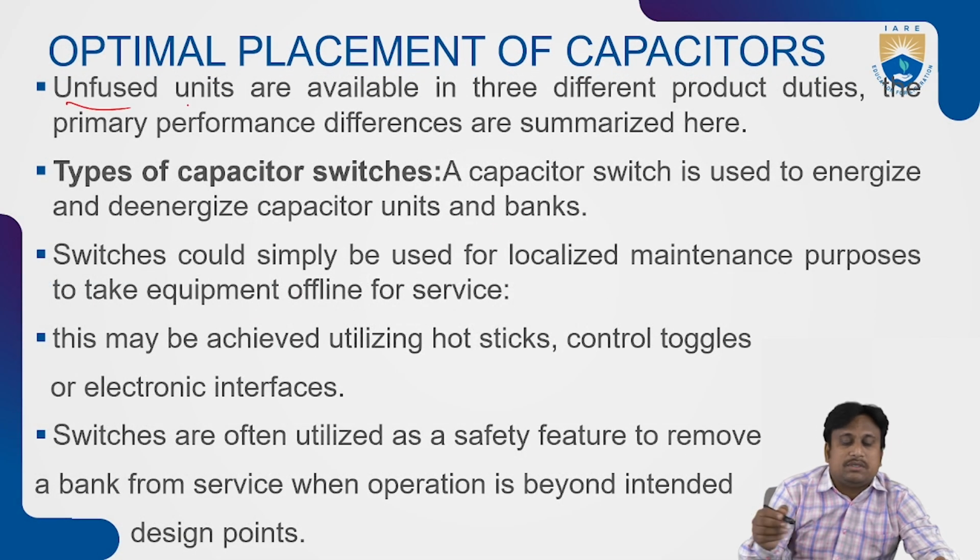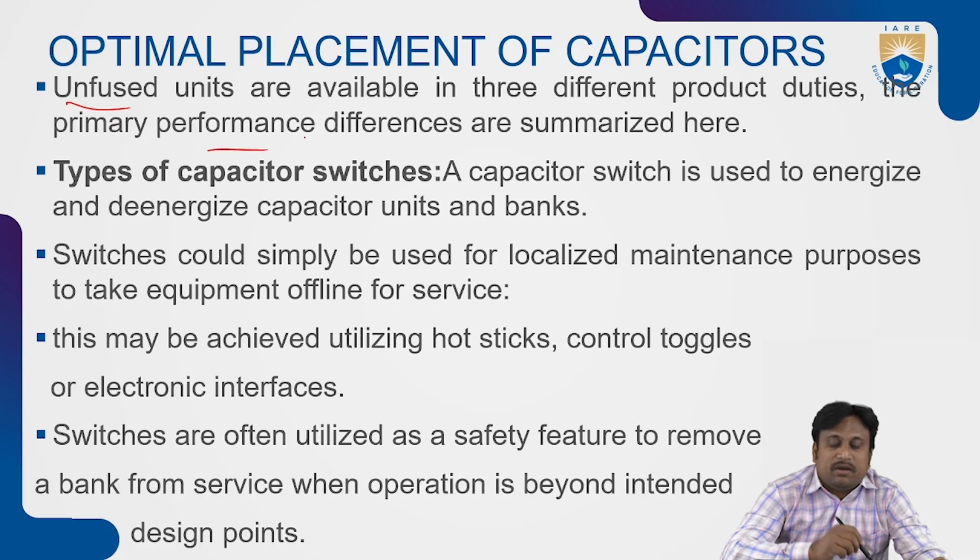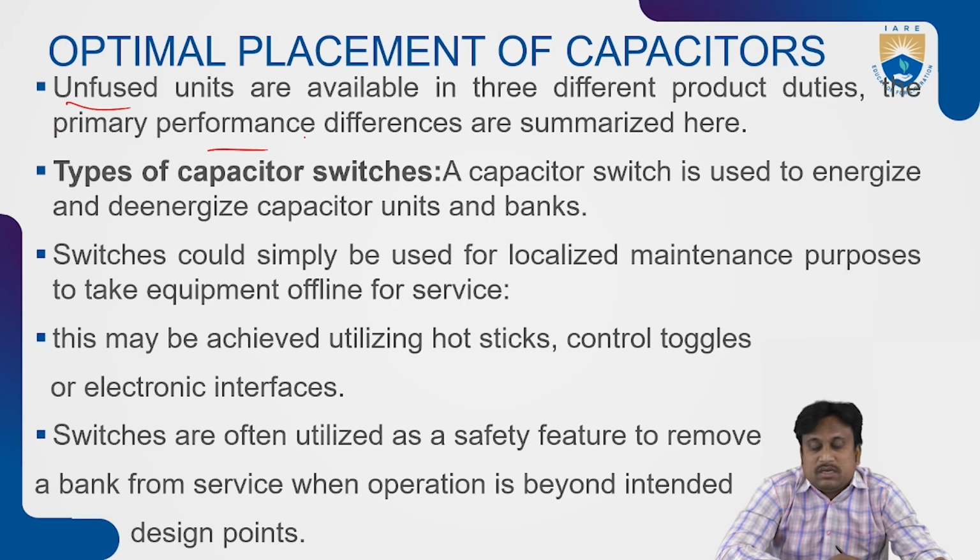Like unfused units, they are available in three different product duties. The primary performance differences are summarized as types of capacitors with switches. A capacitor switch is used to energize and de-energize the capacitor units and banks.